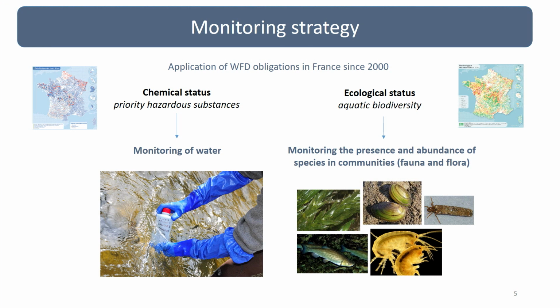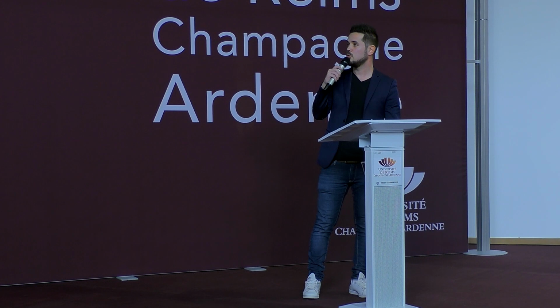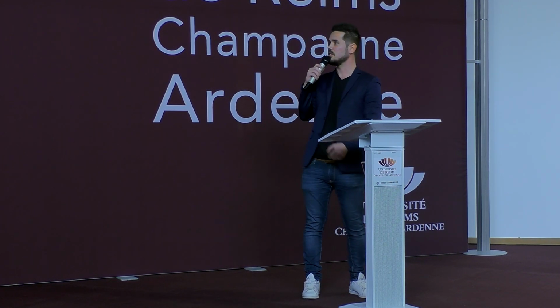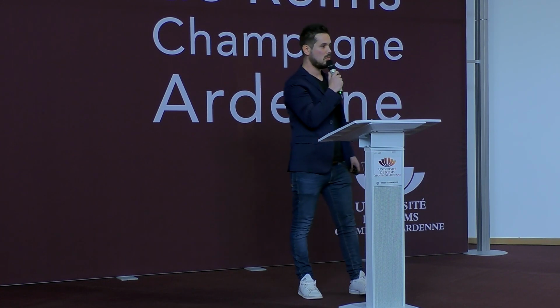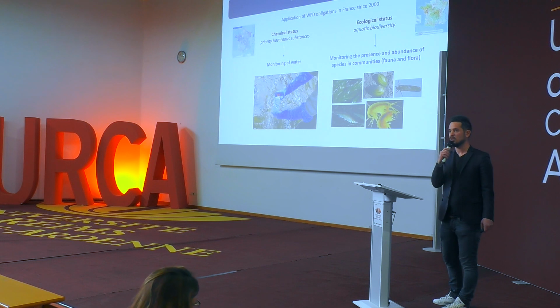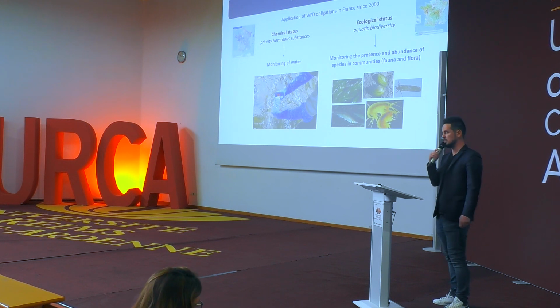In terms of monitoring strategy to assess chemical and ecological status, there are 2 main methodologies. The first methodology, for chemical status, is the monitoring by water. You take a sample of water and you measure the concentration of substances.